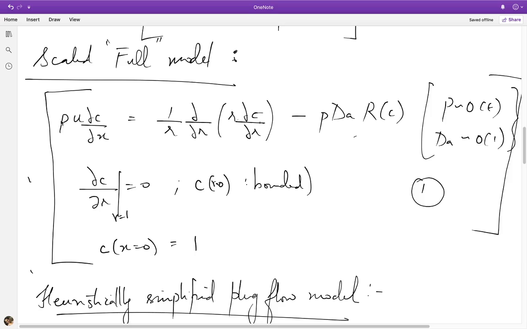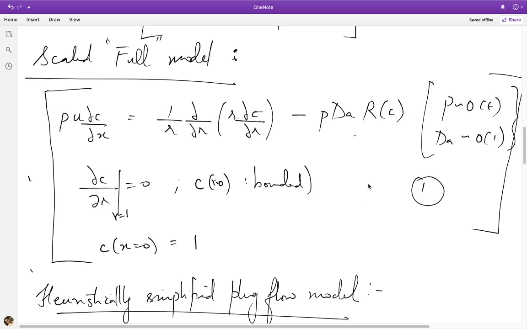Coming here we see that this is the order Peclet term, so we will get only the zeroth order contribution from here, which is u d by dx of the cross-section average plus c tilde naught, but c tilde naught is 0, so only the cross-section average comes here. Similarly, for the reaction rate applied at c, we can again replace c as cross-section average plus c tilde, and then use a Taylor series expansion here like we did when we obtained the averaged equation.